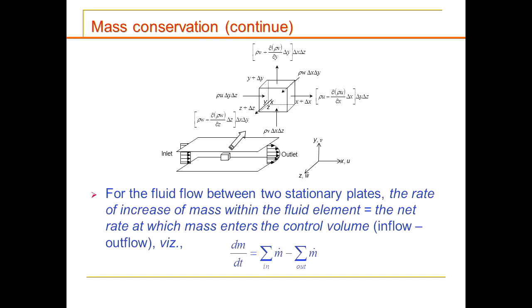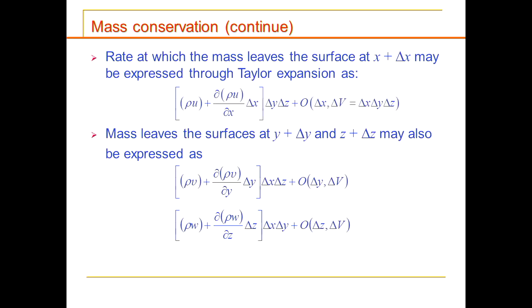So we move to the next step. Once we define all these terms, this is actually your rho u plus d rho u by dx times dx, times the area, which is dy dz again.